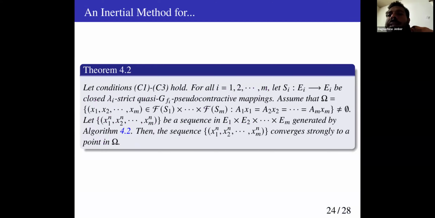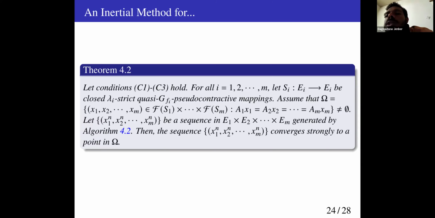So this theorem states that, let conditions C1 up to C3 hold, and for every i running from 1 to m, let Si be a self-mapping that is a closed lambda strict quasi-J pseudo-contracting mapping, and we assume that omega is the set of solutions of the extended split equality fixed point problem, and let x1n up to xmn be a sequence generated from the above algorithm 4.2.